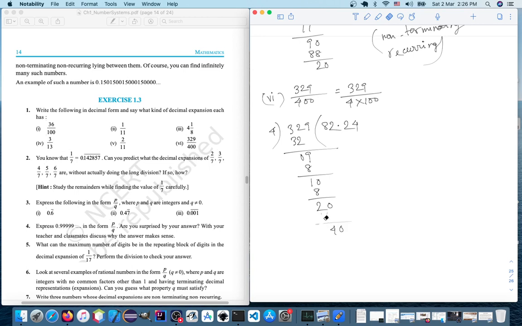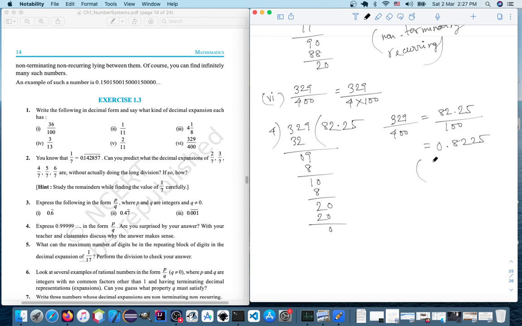2 and then 5. So this becomes that 329 by 400 will be 8.225, since this is a terminating decimal, definitely by 100 is 0.8225.